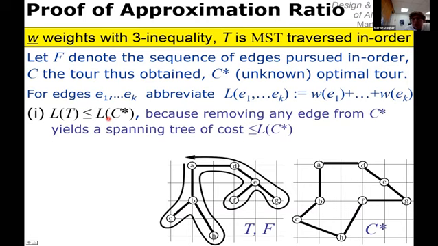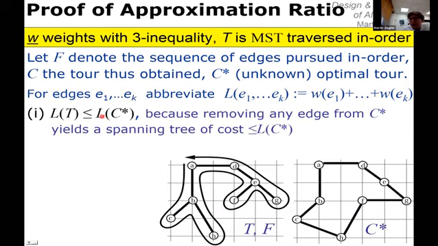As part of our algorithm and therefore also of our analysis, there's this minimum spanning tree produced along the way by one of the algorithms, Prim's algorithm or Kruskal's algorithm. And the claim is that the total weight of this minimum spanning tree, the sum of the edge weights, is no larger than the cost of the optimal tour, the sum of the edges constituting the optimal tour.